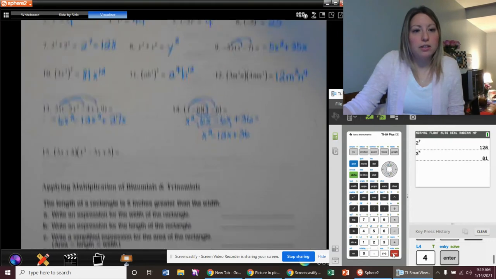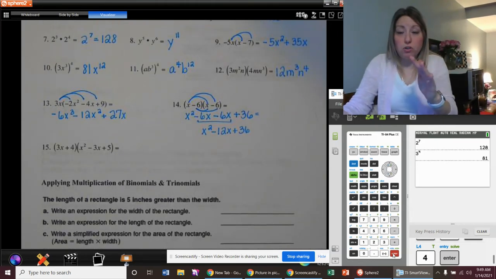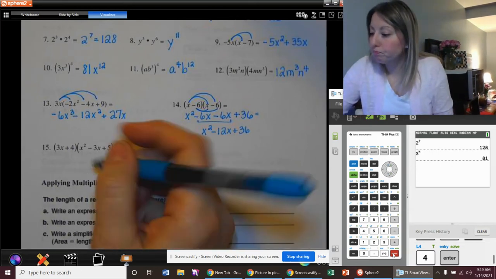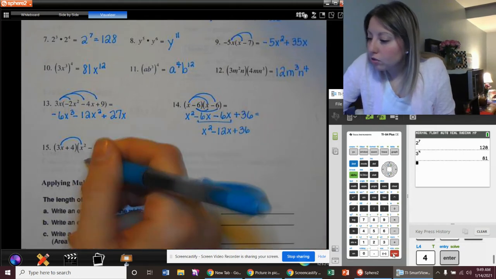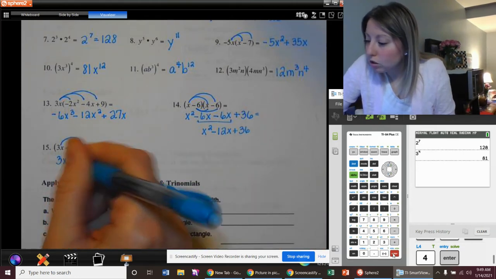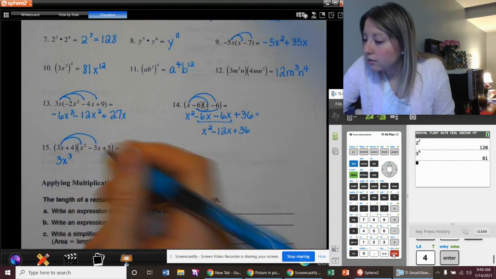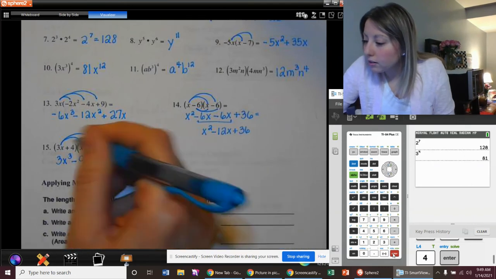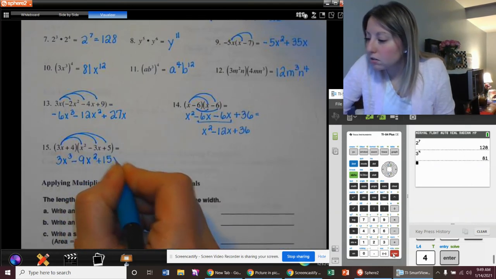Last but certainly not least, you can use the box method, or you can use the method like I do where I line up my like terms vertically. So 3x times x squared is 3x cubed, and 3x times negative 3x is negative 9x squared, and 3x times 5 is positive 15x.